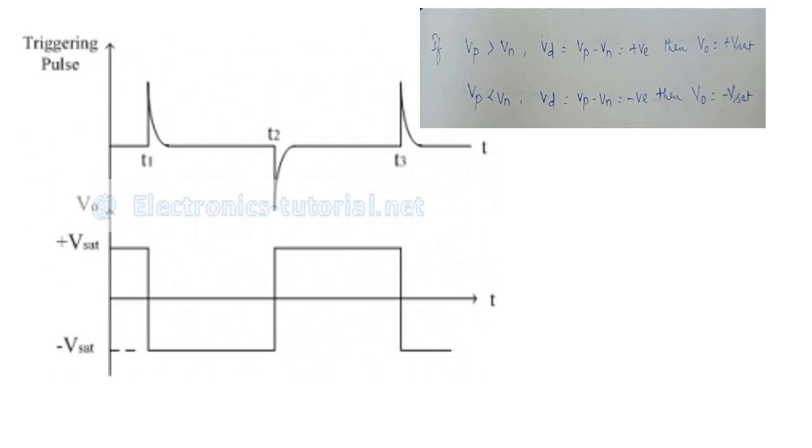If it is the case of negative Vsat, meaning a negative trigger pulse, then it is greater than or equal to R2 divided by R1 plus R2 into minus Vsat. So from these two explanations, what I am telling you is, if I give a positive trigger pulse, I get negative saturation voltage. If I give a negative trigger pulse, I have positive saturation voltage. In this way the bistable multivibrator works. So that's all. Thank you.